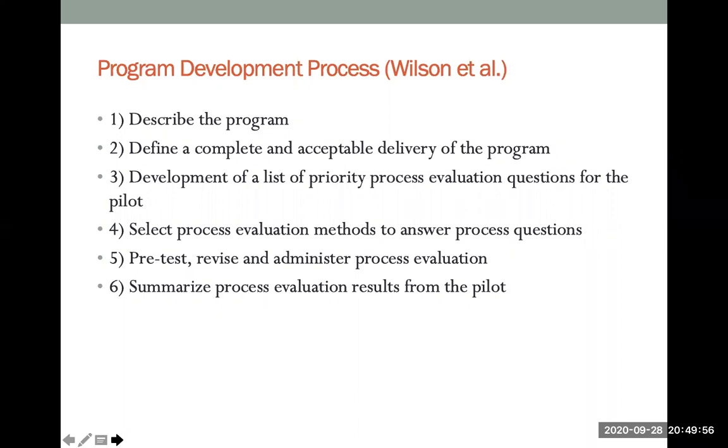They laid out a process around how they did this that intersected gathering information around how they were implementing the program itself, because it was a relatively new program for them, through a 6-stage process.